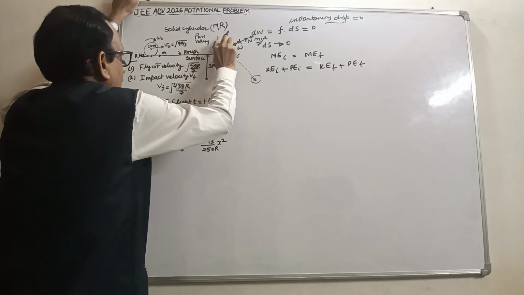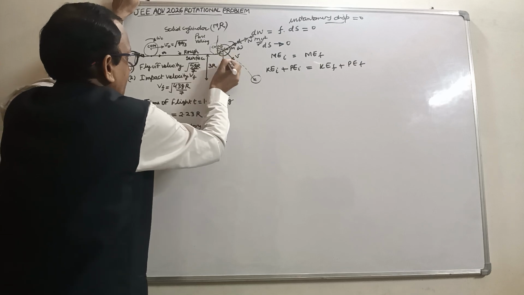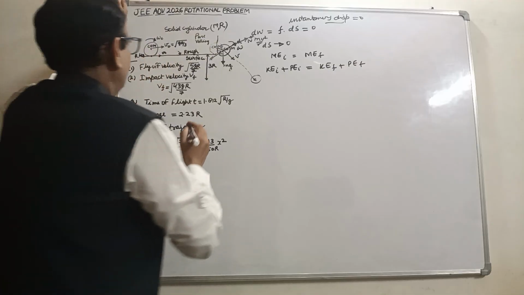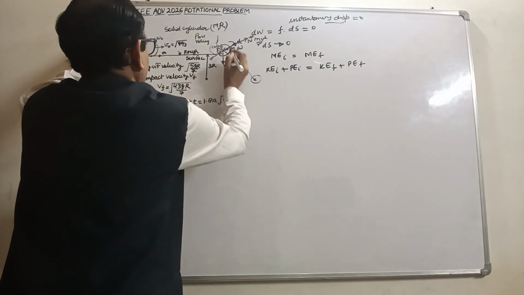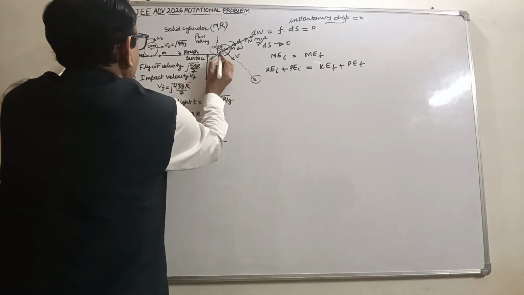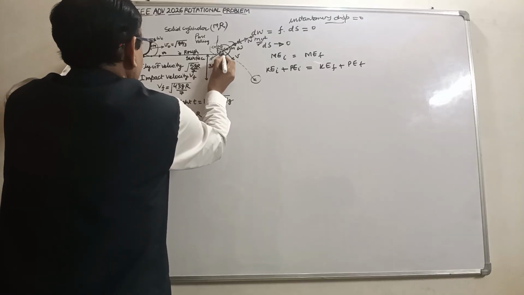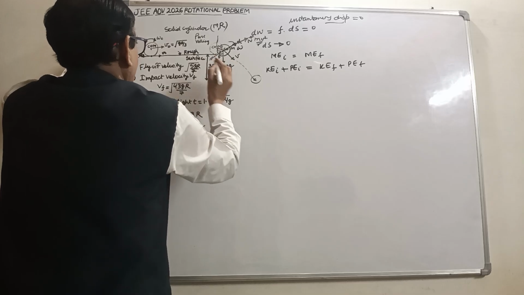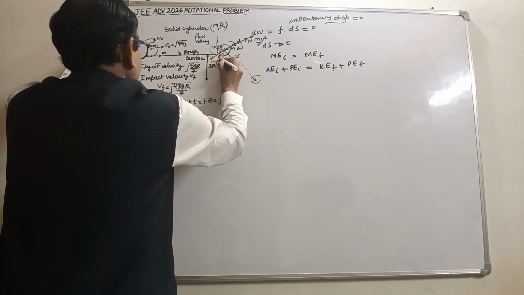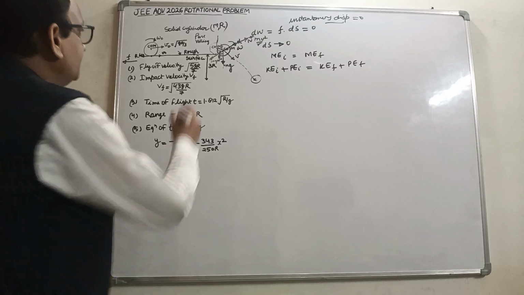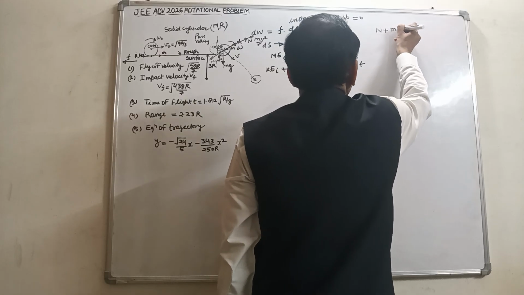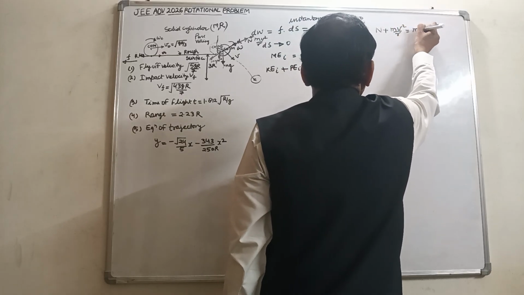So the component of mg in this direction would be mg cos theta. So we write here N plus mv square upon r is equal to mg cos theta.